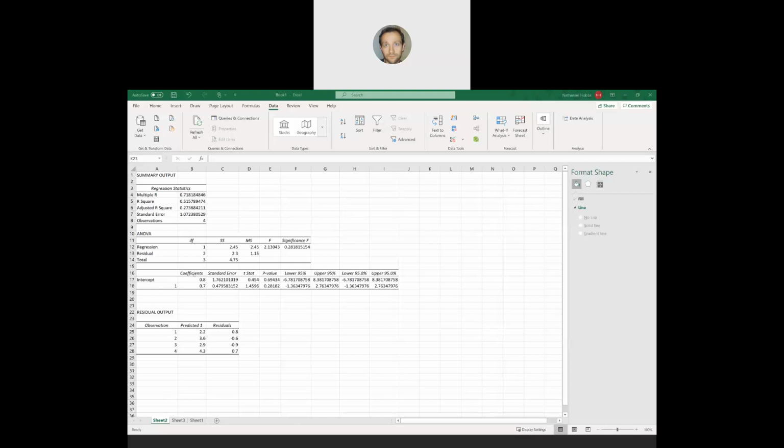These are the underlying parts of the equation, mainly these two coefficients, the intercept coefficient and the first coefficient. So what this is saying is that the line that's drawn is y equals 0.7x plus 0.8. That's the line. So the slope is 0.7 and the y-intercept is 0.8.